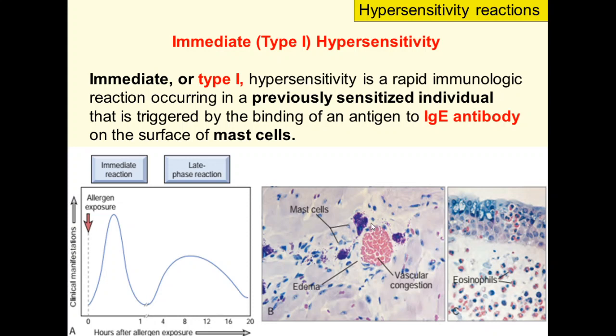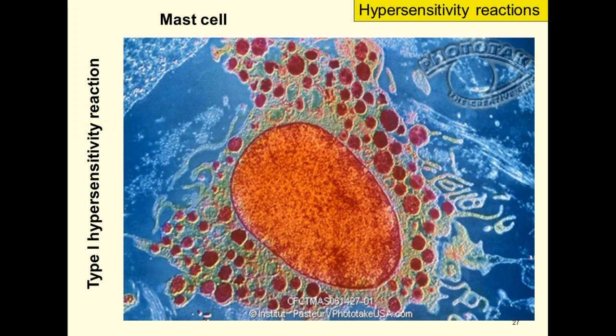Also, as you see, vasodilation due to hyperemia, mostly arterial hyperemia, and also presence of a huge amount of eosinophils. So what about the exact mechanism?